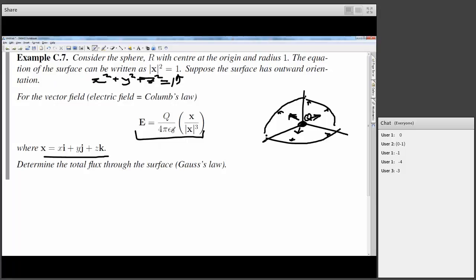So this is called Coulomb's law. This is a key result in physics. So this describes the electric field around a charge at a single point. What I want to know is what's the total flux through this surface I've got. So I've just put a little box around it, so a sphere. What's the total flux through that?